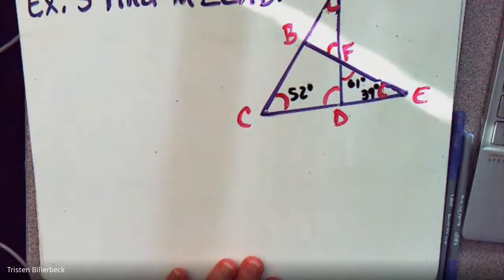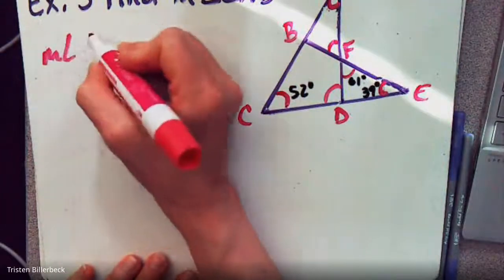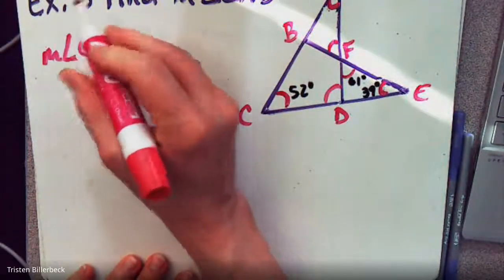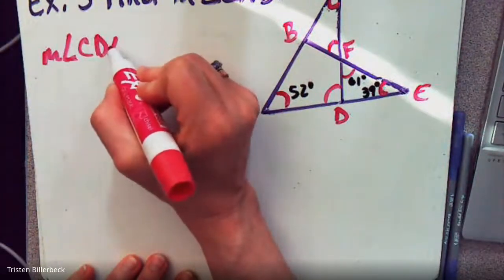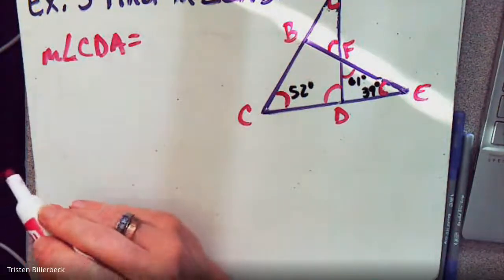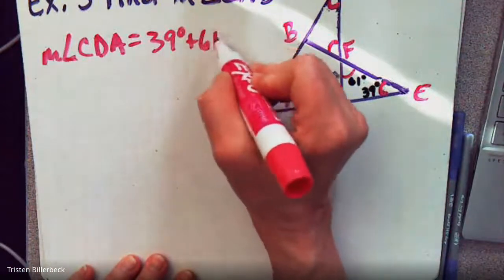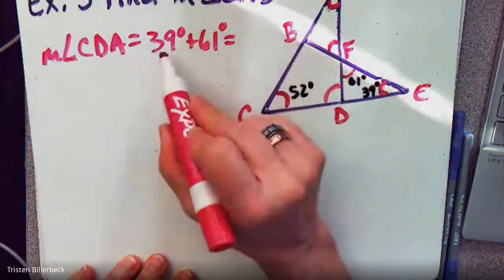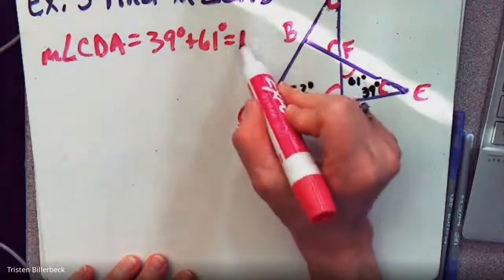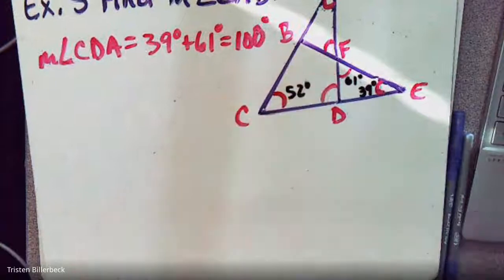The measure of CDA equals 39 degrees plus 61 degrees, and that gives me 100 degrees.